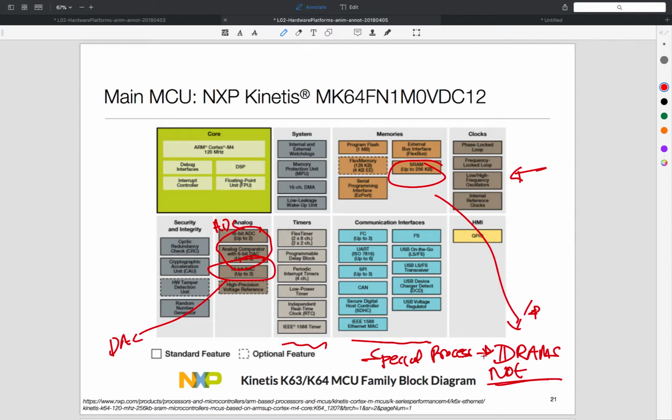And then you have a variety of things for system support. So for example, this chip does have a DMA, which we talked about last time. That is kind of like a little processor which can move things from peripherals to memory or from one area of memory to another area of memory. It also has a memory protection unit so that you can protect different regions of the memory from being written, or you can restrict whether they are read or written.